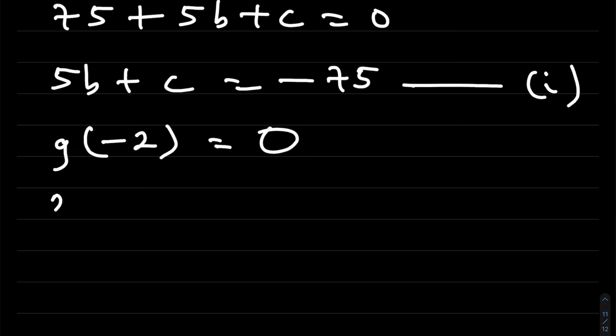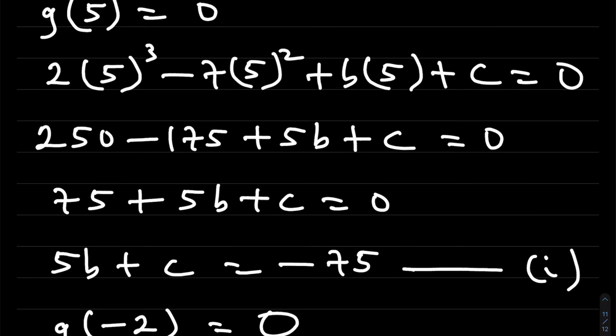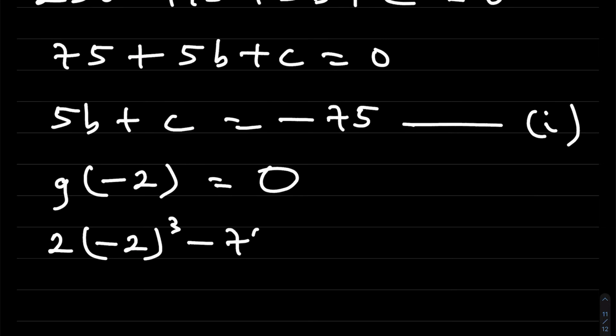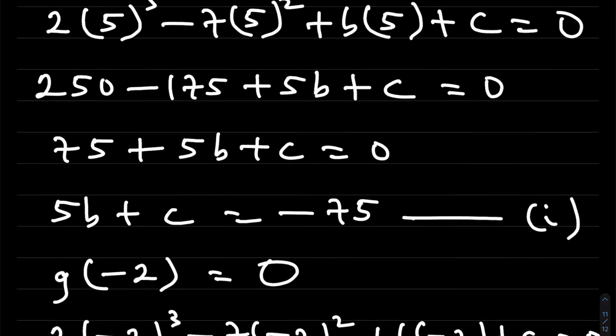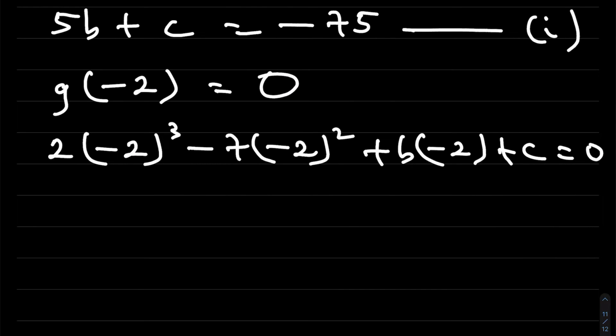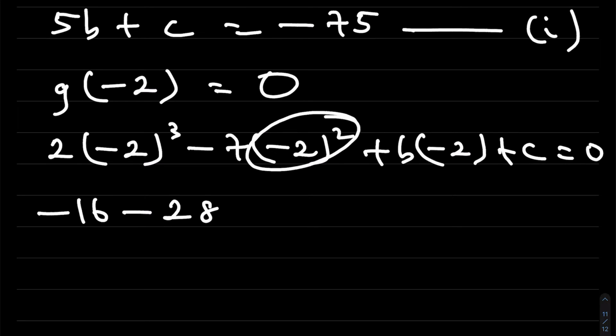And that simply means 2 into bracket minus 2 cubed minus 7 into bracket minus 2 squared plus b into bracket minus 2 plus c equals 0. And that means minus 2 cubed is minus 8 times 2, minus 16, minus 2 squared, this is 4, times minus 7, that's minus 28, minus 2b plus c equals 0.